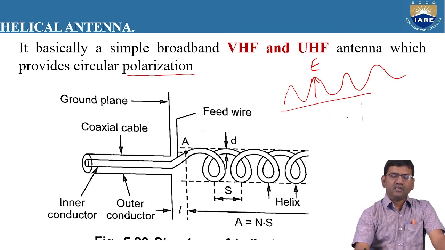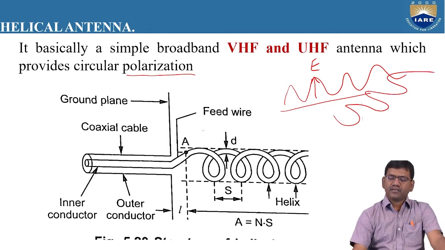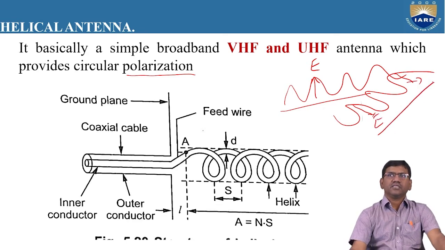And if the electromagnetic wave is propagating in free space in this way, now the electric field is in this direction with respect to the surface of the earth.